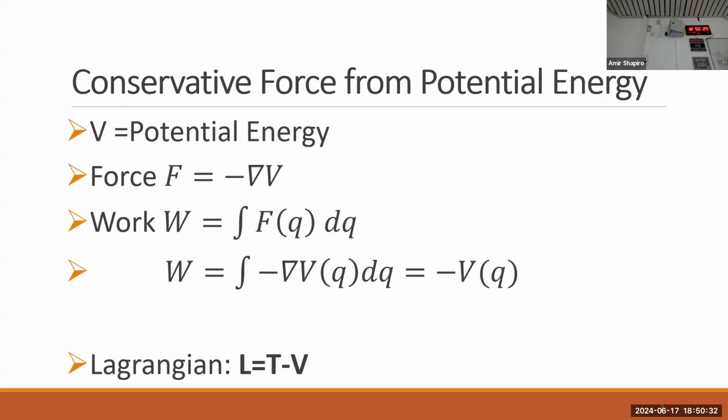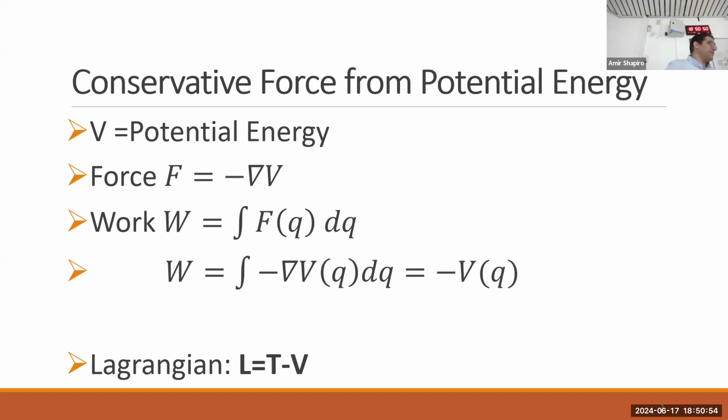And then the force F that this kind of potential energy applies on the system is simply the minus of the gradient of this energy. So for gravity it is mgh, right?